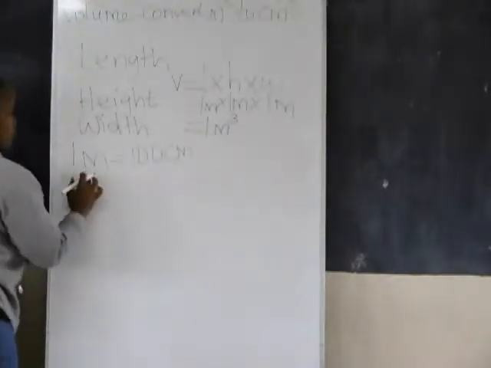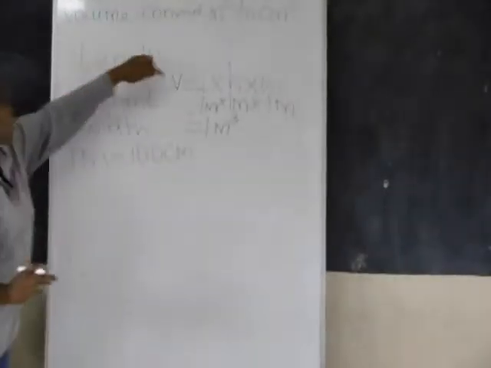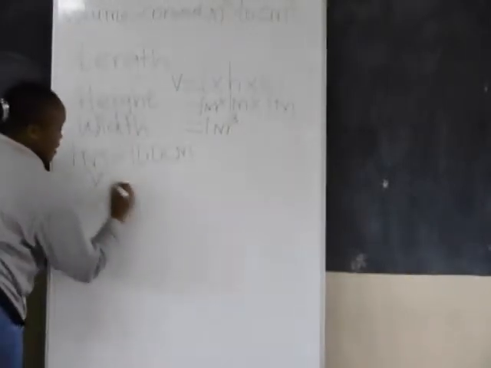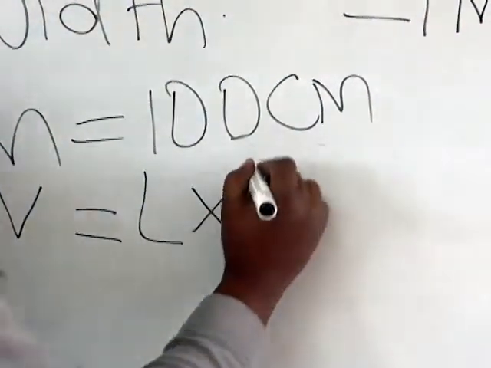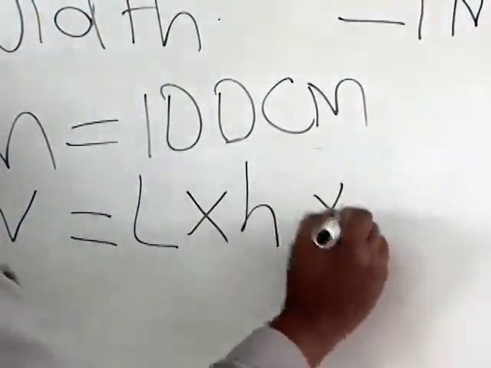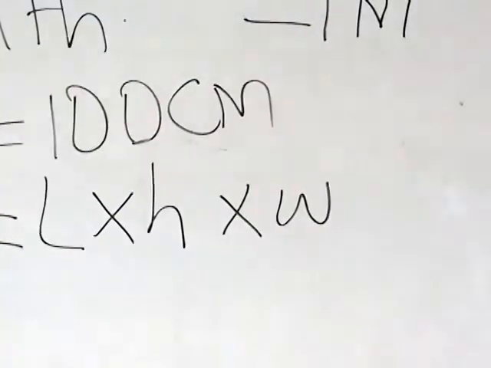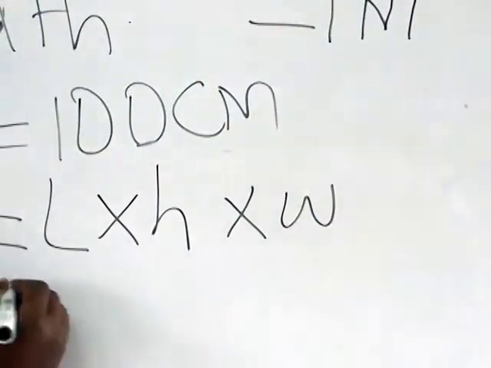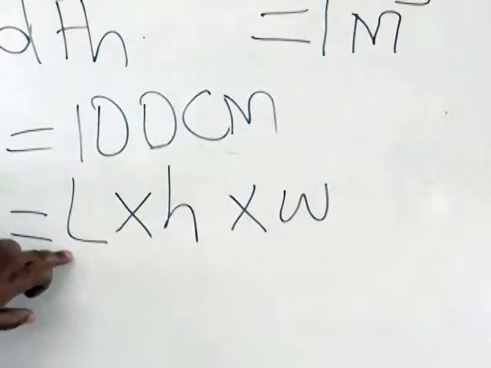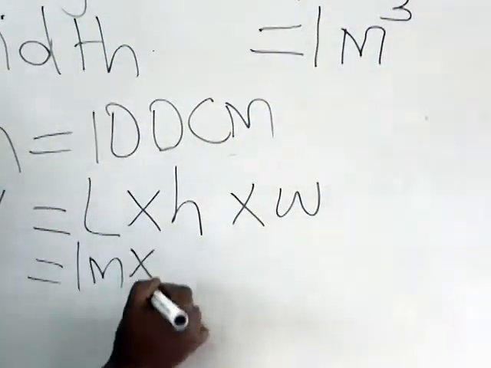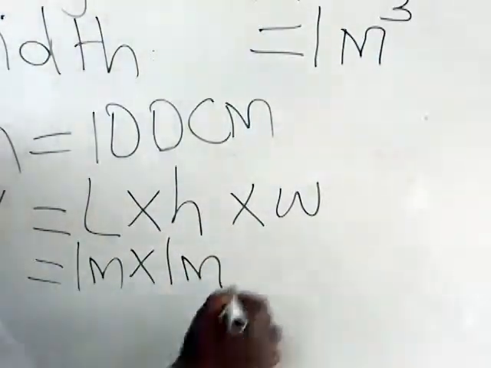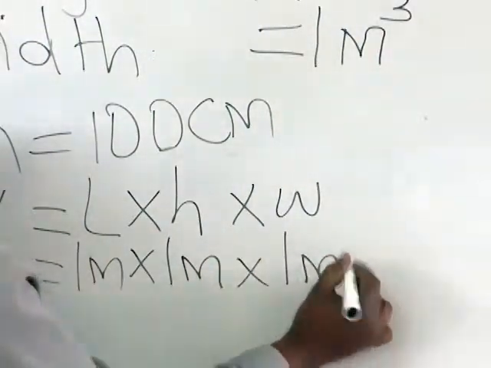Now, if 1 meter is the same as 100 centimeters, let's go back to our formula where we said volume is the same as the length times the height times the width of our cube. Our length yesterday was 1 meter, times 1 meter, which is the height, times 1 meter, which is the width.